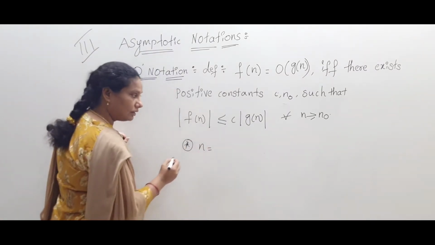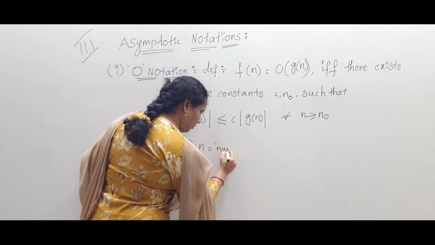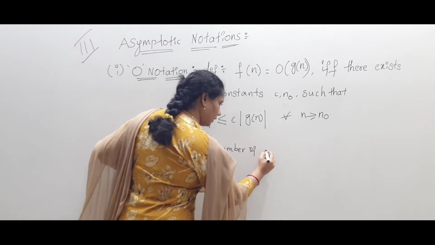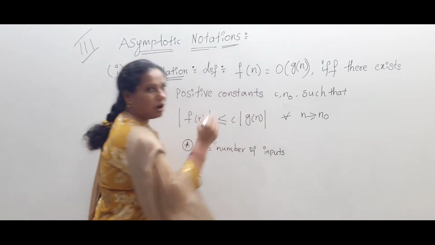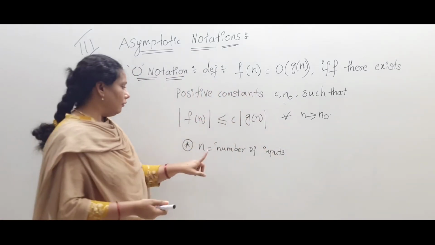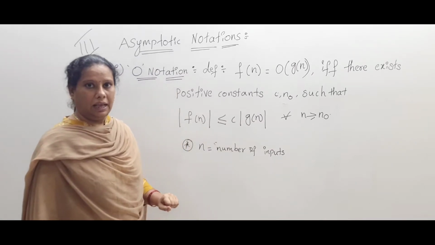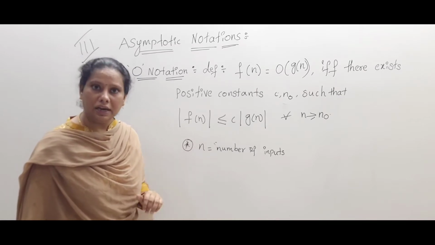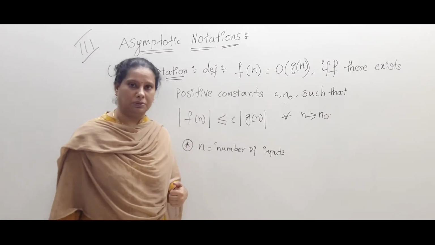Your n is nothing but the number of inputs or outputs. What is this n? The number of inputs and outputs. He is saying that the time of the algorithm depends even on the number of inputs and outputs.